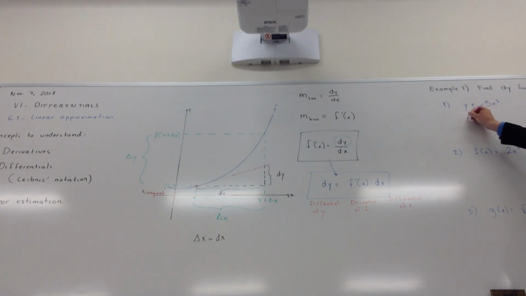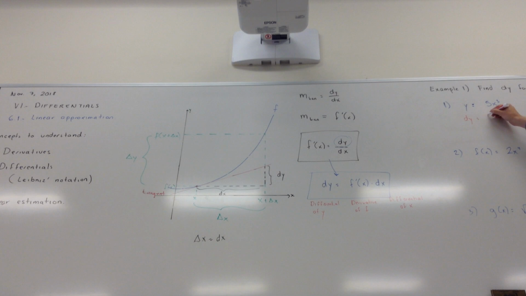Here, dy is going to be equal to what? The derivative of the function times dx. What is the derivative of this? 15x squared times dx. That's it. Now, it's not the end of the topic.